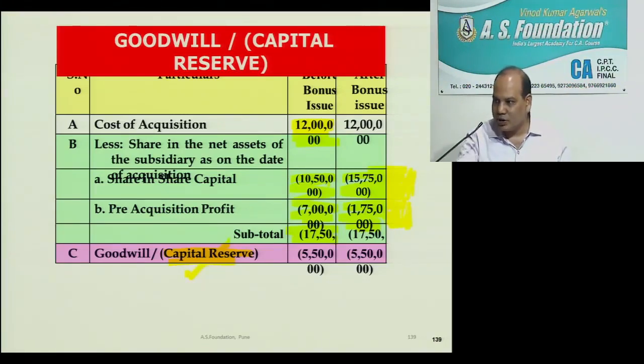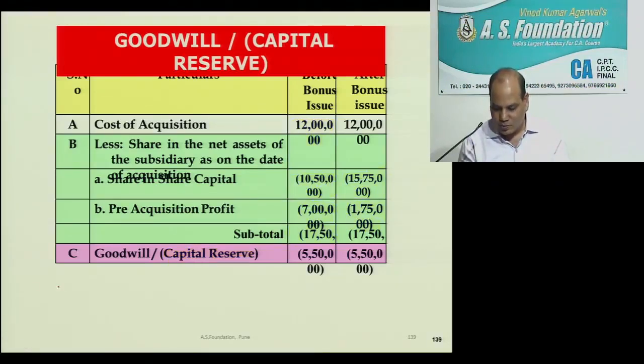When they are exactly equal, the total of share in net asset remains the same, so the goodwill or capital reserve will remain the same. Are you following?